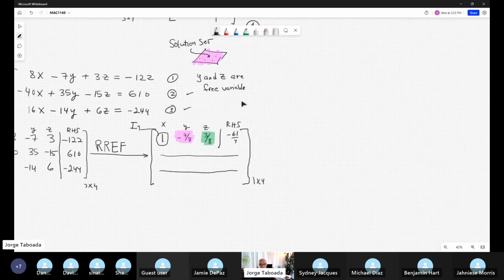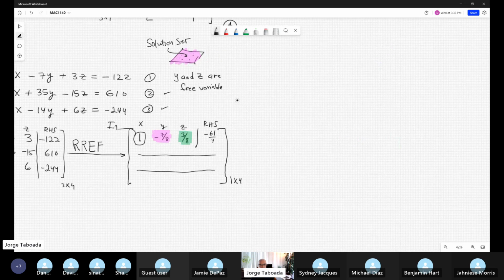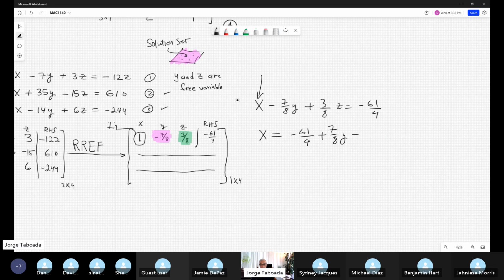You copy the first equation, that by the way is x minus 7/8 y plus 3/8 z equals minus 61/4. And you solve for the non-free variable. This is x alone equals minus 61/4 plus 7/8 y minus 3/8 z.